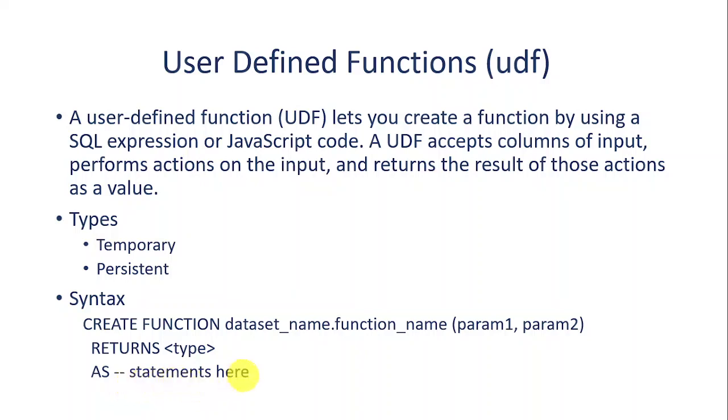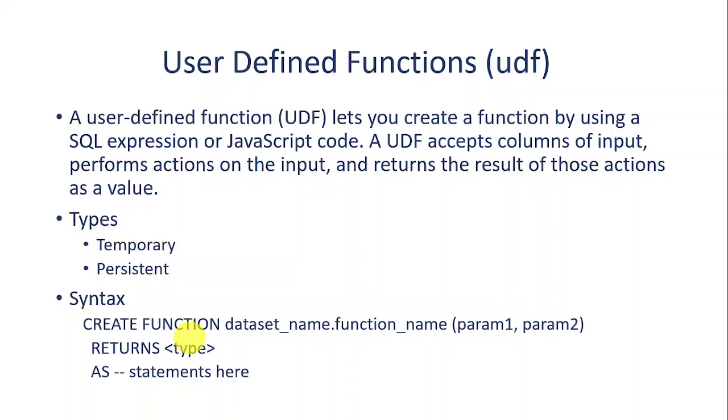So this is the syntax. In case of temporary, it will be just create temporary function. We're going to look at that in a bit, but that's the difference. A persistent function you can use on all the tables of the data sets, while a temporary one is scoped just to the single query where we are defining it.